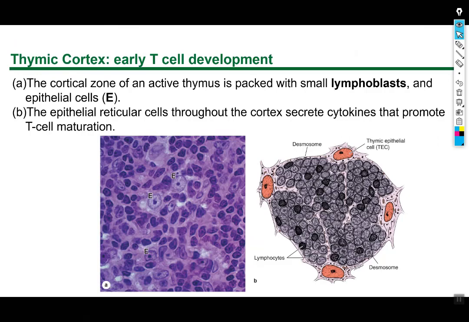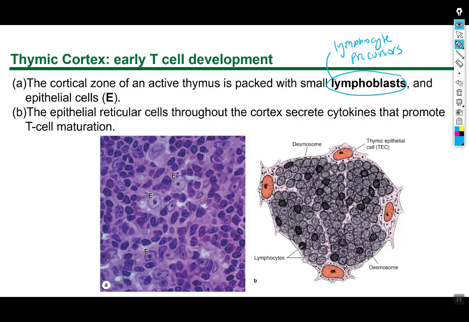So the cortex, which remember is that darker colored outer layer of each lobule, is packed with lymphoblasts, and these are going to be, of course, lymphocyte precursors. And that really just means that they are not yet immunocompetent, and they're working on becoming.